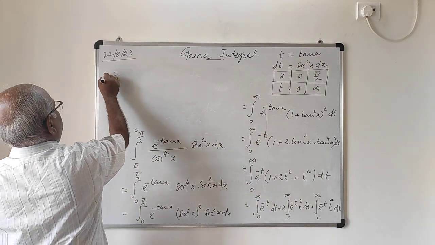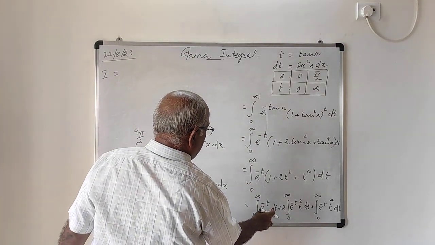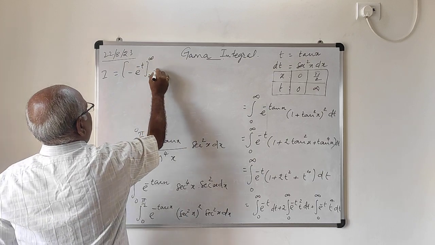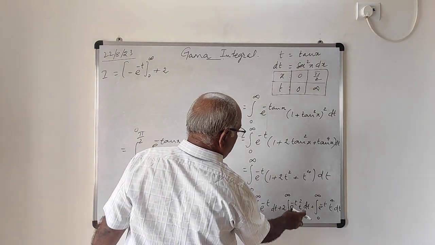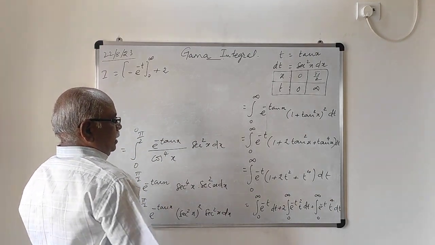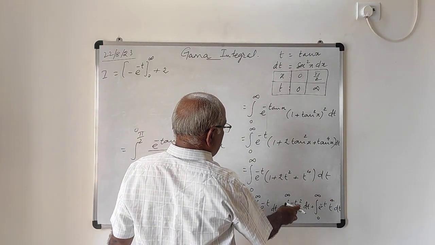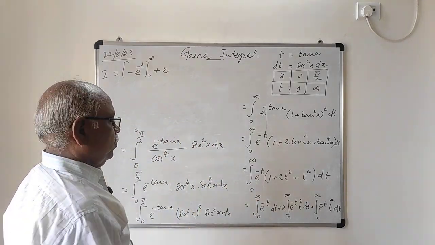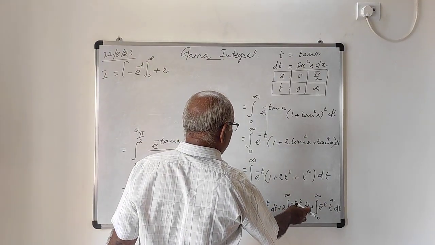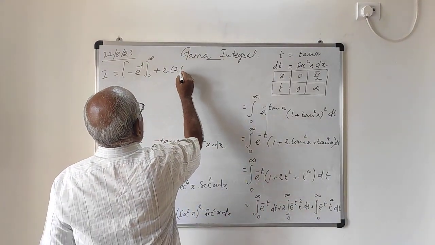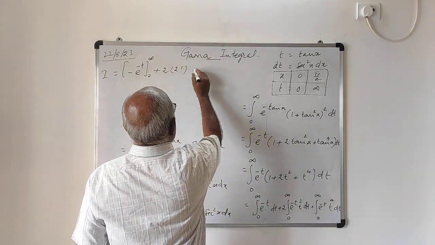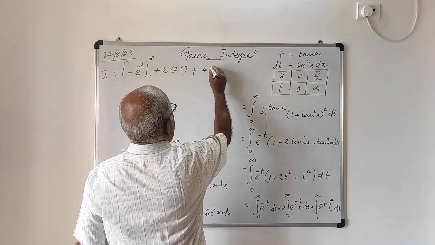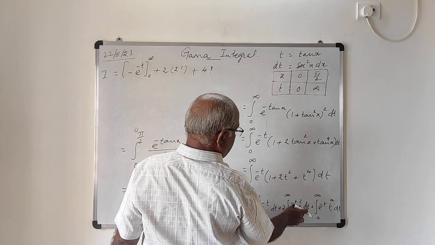First, the integral of e power minus t dt is minus e power minus t from 0 to infinity, plus 2 into the integral of e power minus t into t square, plus the integral of e power minus t into t power 4. By the formula, integral of e power minus x into x power n is n factorial.